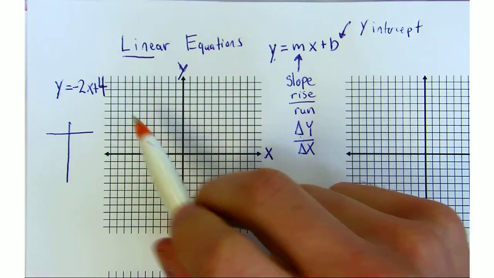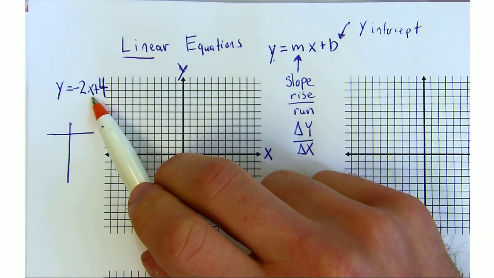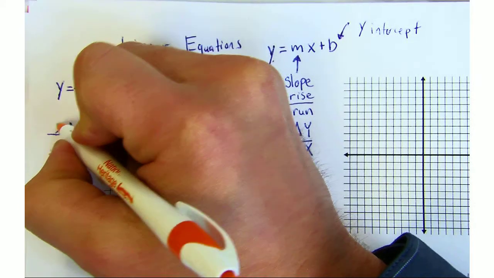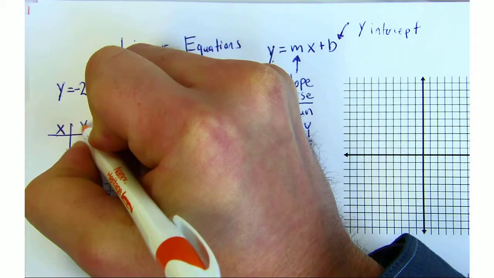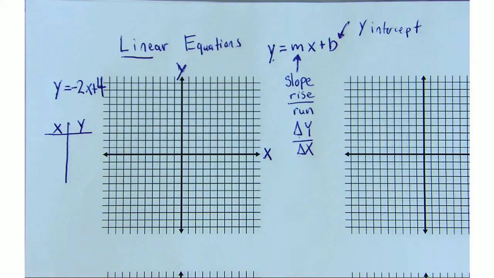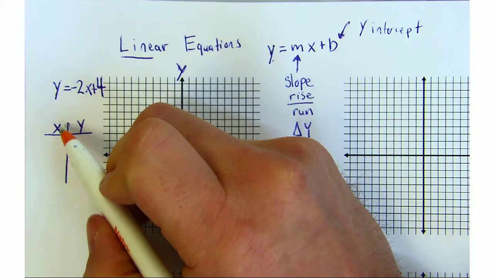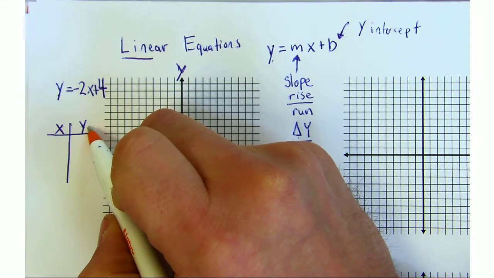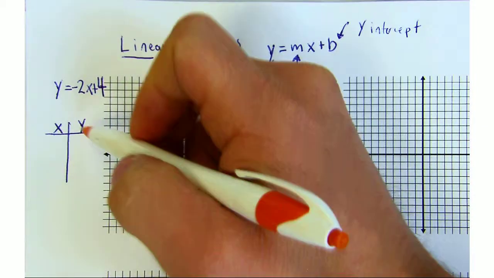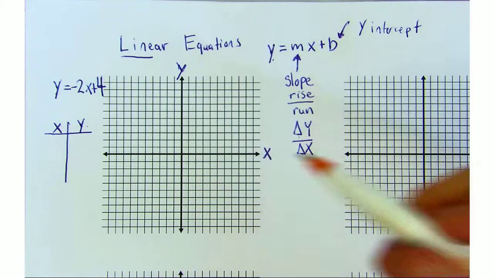It's going to be the equation for a line. So I make an xy table. I look at this almost like an if-then: if x is this, then y will be this. And this table is going to give us the points that make up the line.